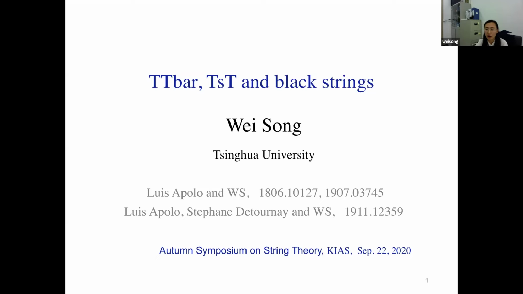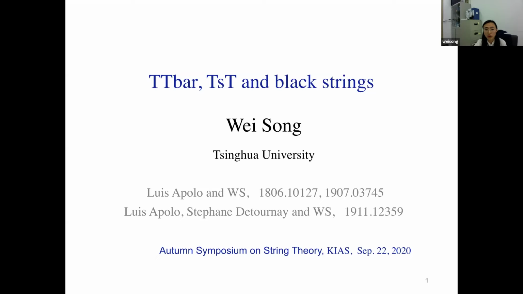And the bulk geometry that is dual to the deformed CFT can again be obtained by a TsT transformation, and this will change the asymptotic boundary, and we will obtain some black string solutions which are not asymptotically AdS3. So this is the general structure of my talk.